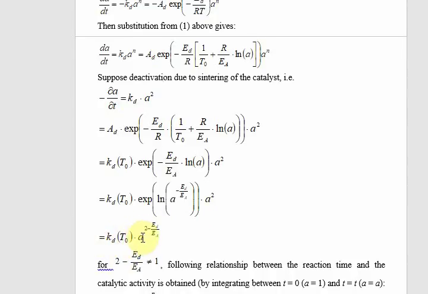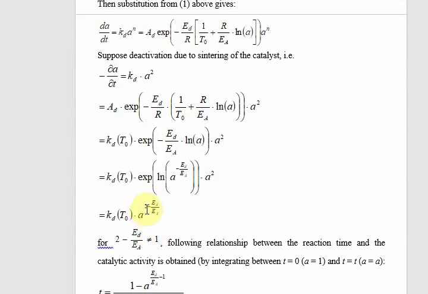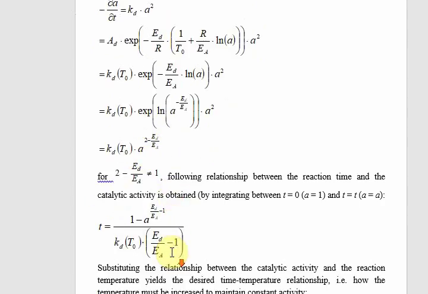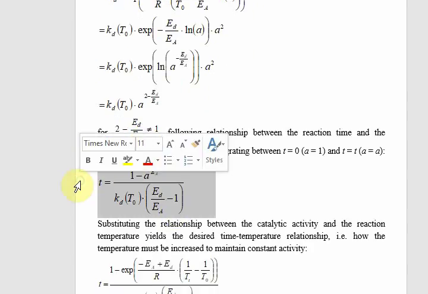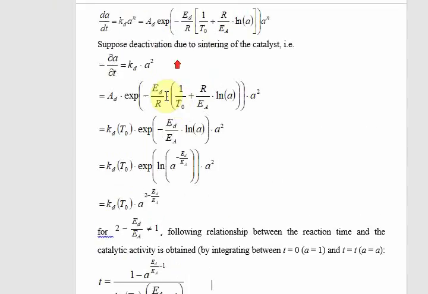So we just have to integrate for this A. As long as 2 minus ED over EA is not equal to 1, then we can divide, we can say dA over that equals that times dt, and we can integrate that equation quite nicely and get that form. So that's the solution if we want to integrate this equation.